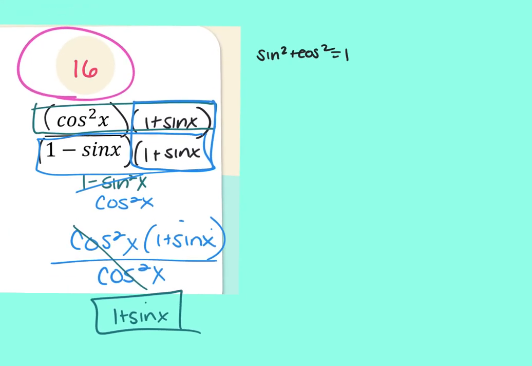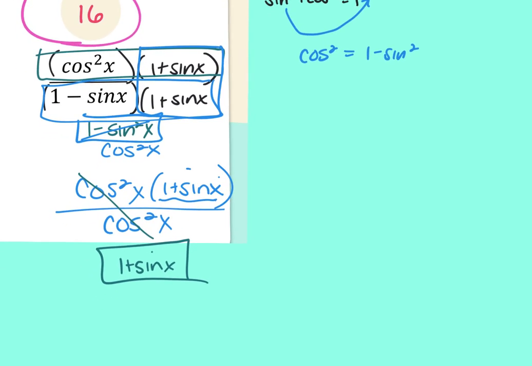Oh, so sine squared plus cosine squared equals 1. When I got 1 minus sine squared, you would move this to the other side, so cosine squared would equal 1 minus sine squared. Yeah, but didn't you put 1 plus sine x for the thing next to the cosine? So this multiplied out gives me this, because it's the difference of two squares.